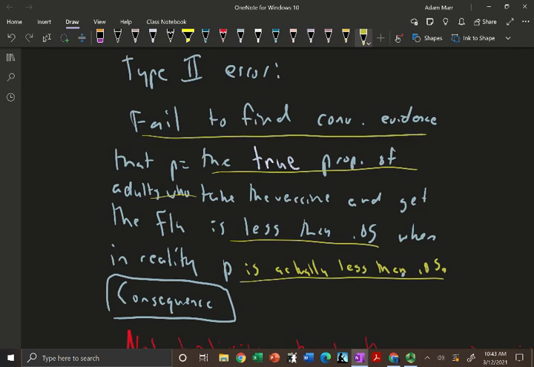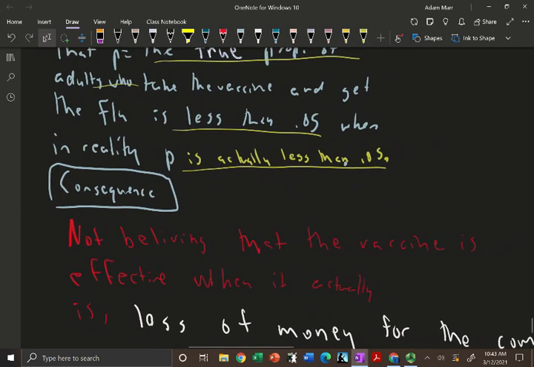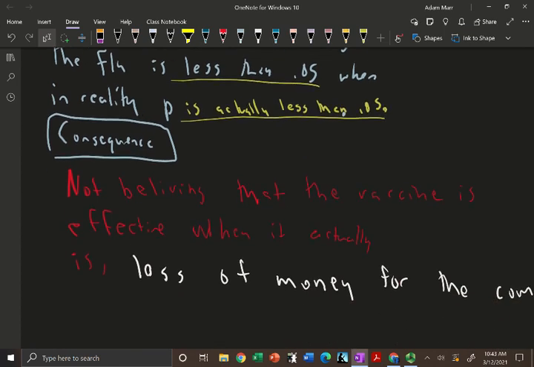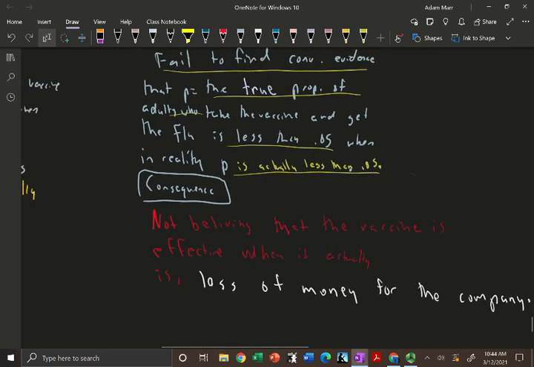So they're going to end up thinking that they didn't do a good job with this vaccine when they really did. So, not believing that the vaccine is effective when it actually is. They're going to have to redo the work, and that means it's a loss of money for the company. They're going to have to redo everything. All right, so that's the consequence right there.